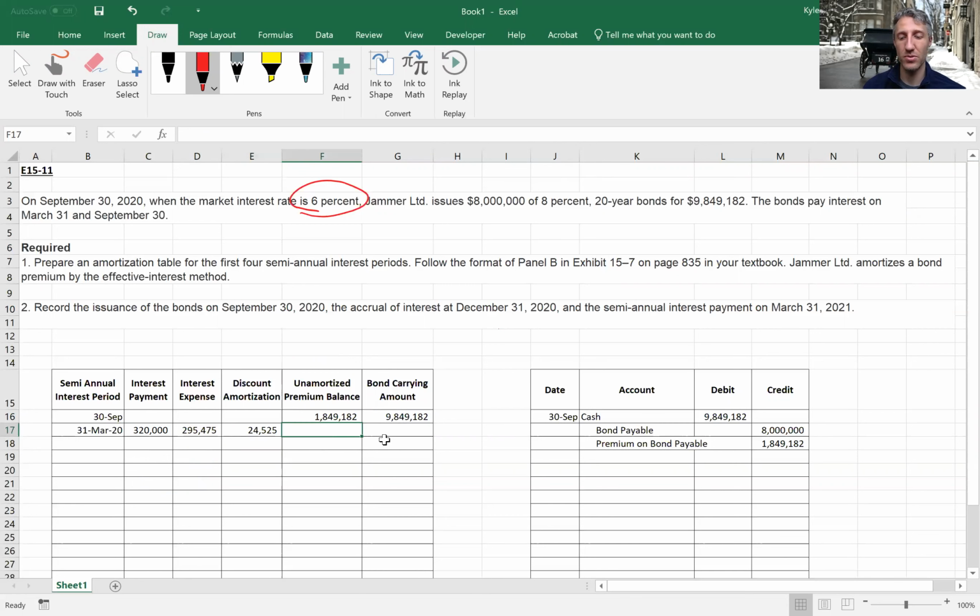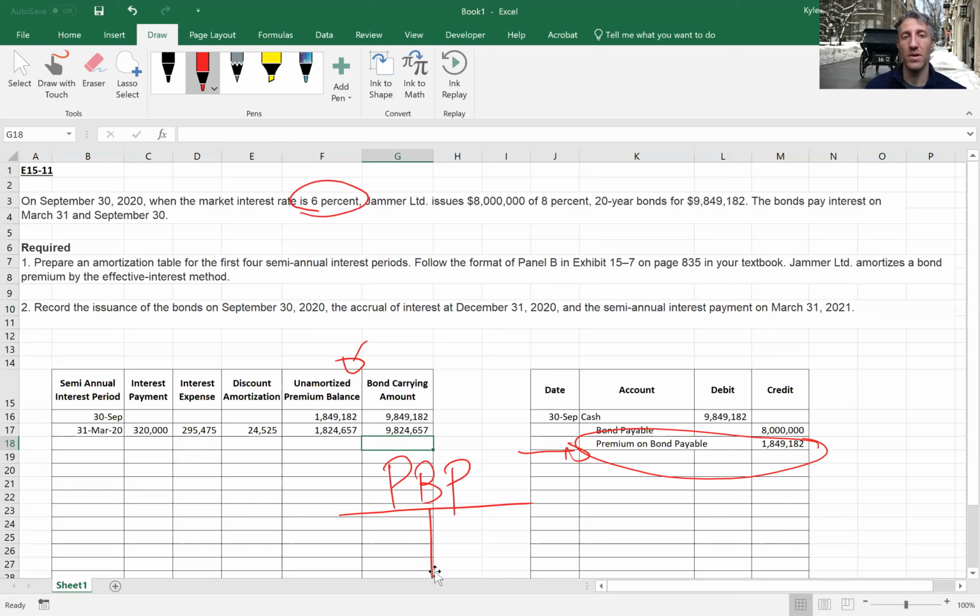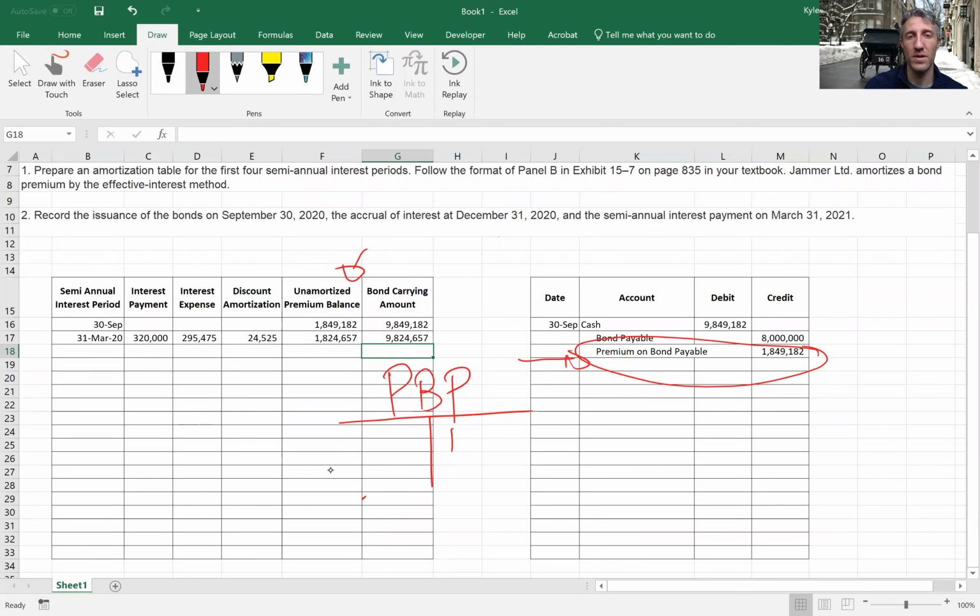Which means now after they do that, the unamortized amount is going to be lower because they're amortizing some of the premium, and also the carrying amount of the bond is going to be lower because the companion account is also lower. So remember, the unamortized premium balance is the premium on bond payable, and this is going to have a T account. So if I go premium on bond payable, on our original journal entry, it was 1849182.